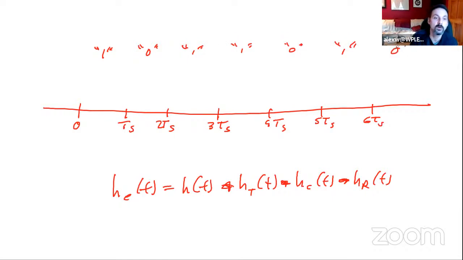And 0. So what should happen, and let's say a 1 is represented by a plus a value and a 0 is represented by a minus a value. So we should have, at that sampling instant, plus a, minus a, plus a, plus a, minus a, plus a, minus a, right?